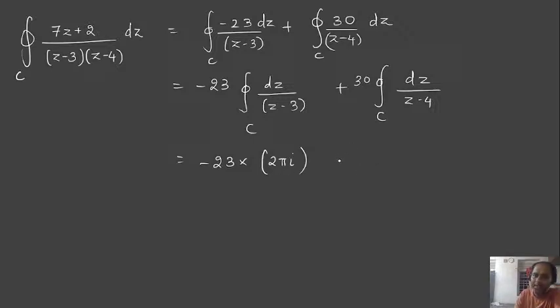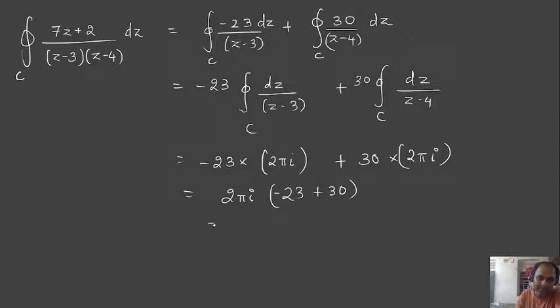And the next answer is 30 into 2 pi i. So 2 pi i taken common, you get minus 23 plus 30, that is 7, so 14 pi i is the answer. This is how you get this part.